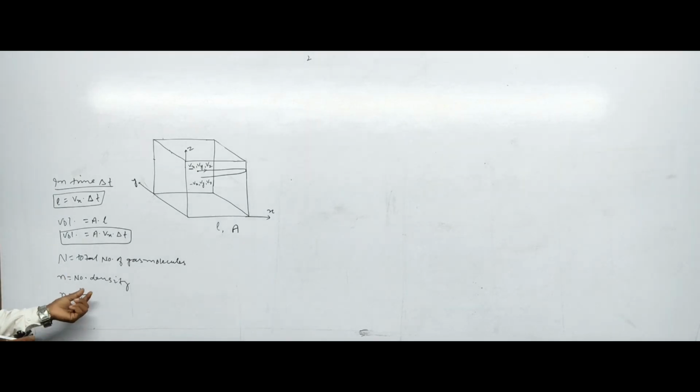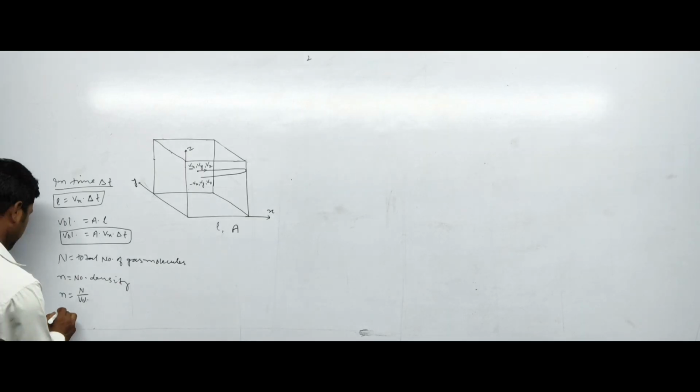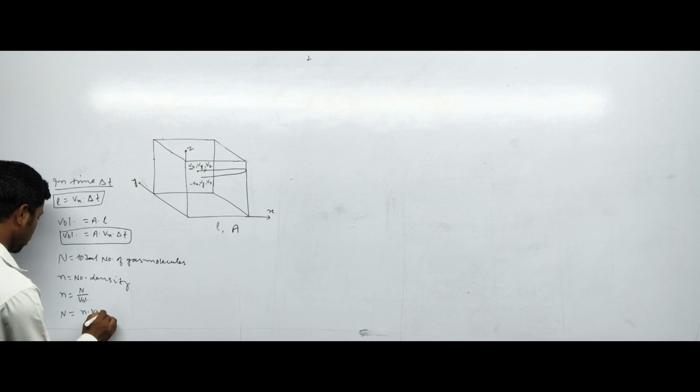From here, we can get the formula for capital N also, that is capital N equals small n times volume.